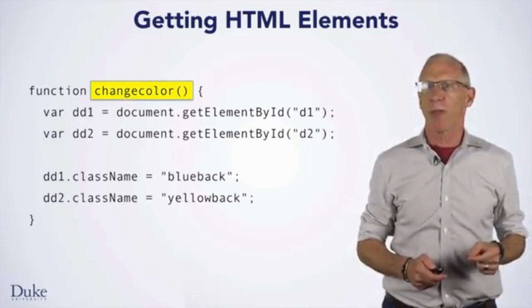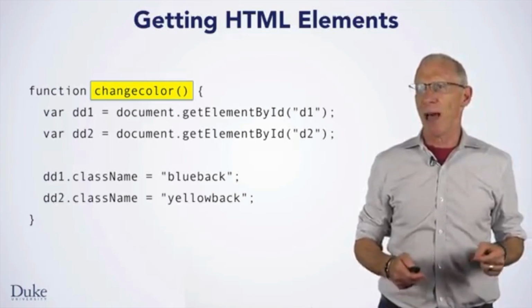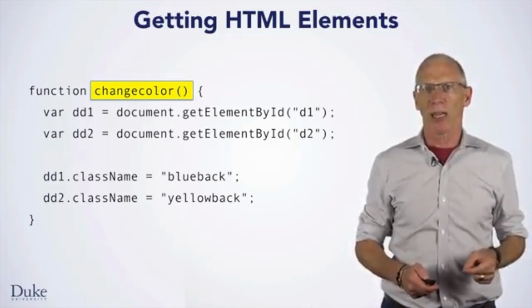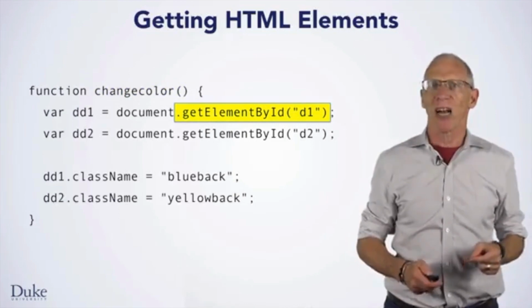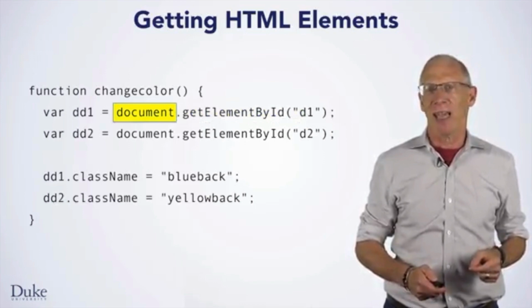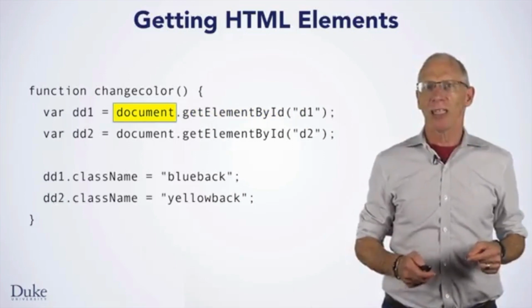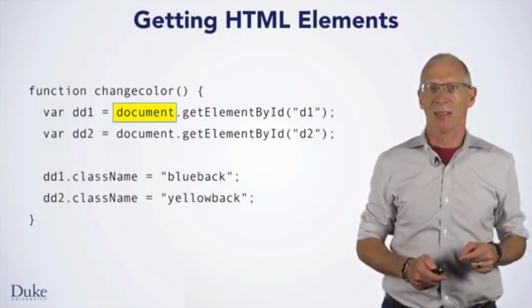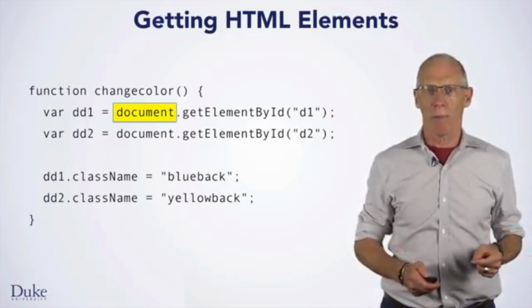The JavaScript method getElementById is used to access an HTML element using its associated ID. You may remember that a method performs an operation on an object and is preceded by a dot. In this case, the method getElementById uses the HTML document to access its element. The label document refers to the entire HTML web page.